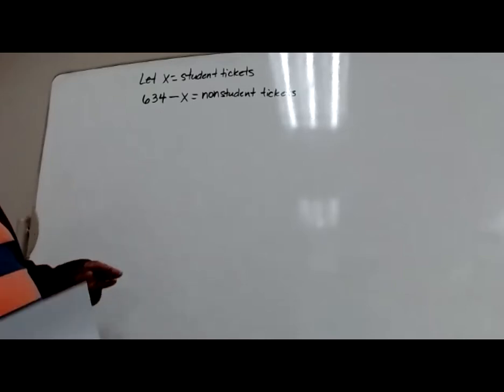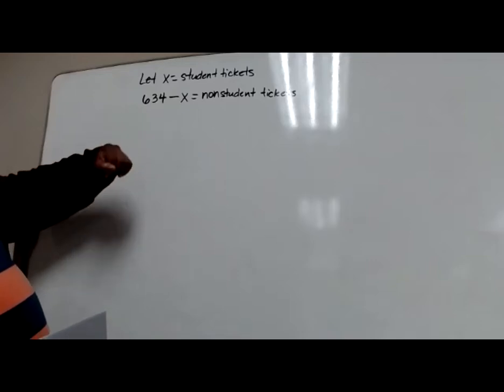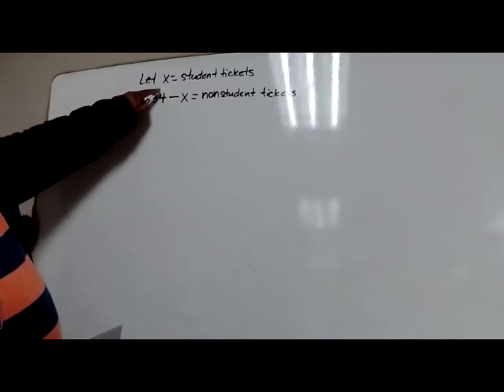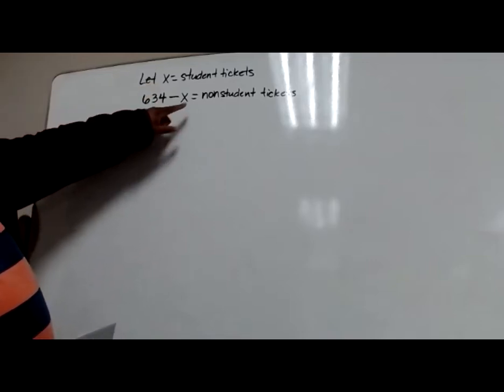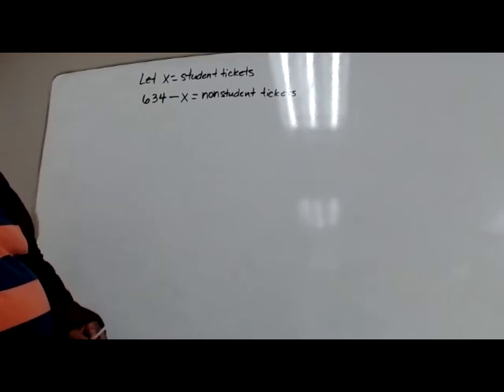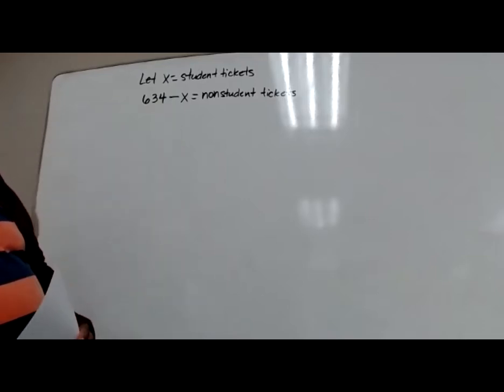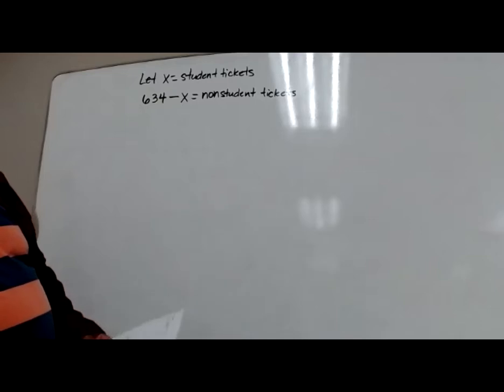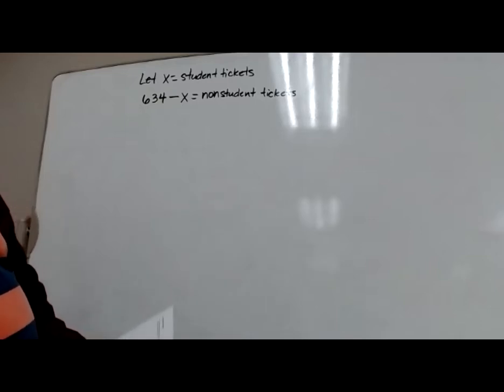So student tickets and non-student tickets total to be 634. If I let X be the number of student tickets, then the rest will have to be non-student tickets, which is 634 minus X. Okay, now let's try to translate that into an equation.